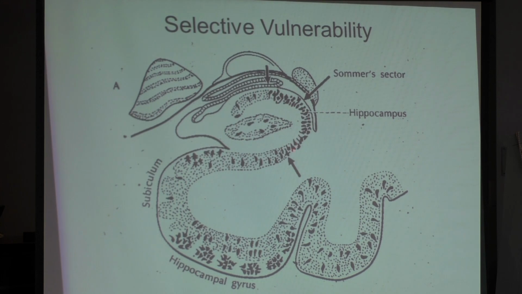This area here has all these abnormal proteins in it, but not in here, and not much over here. So all this input comes in over here, crosses over, goes through here in a little cascade, and that's how memories are made. It's not very poetic.